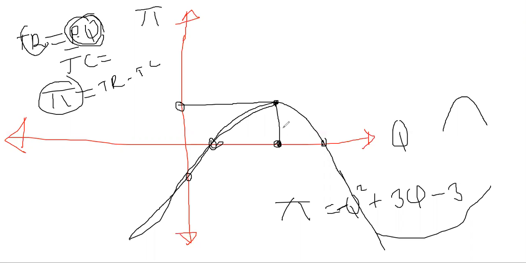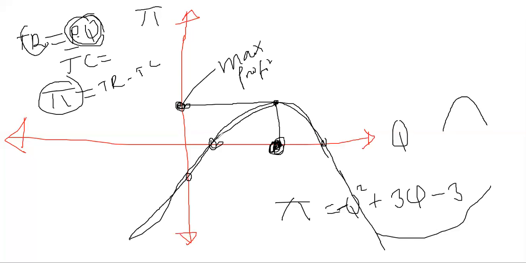So these are the important points. This is the max, here is the maximum profit. To produce maximum profit, you need to produce this level of quantity. But once you pass here, the profit is falling down.